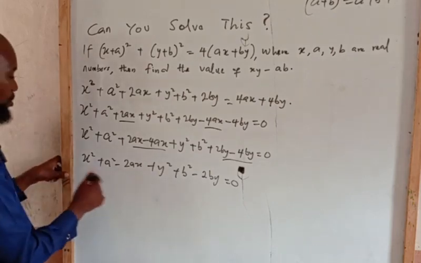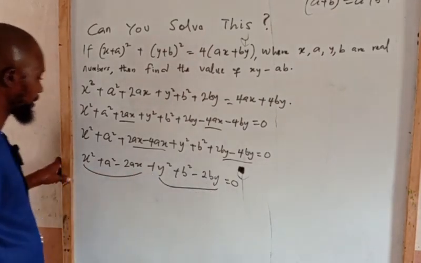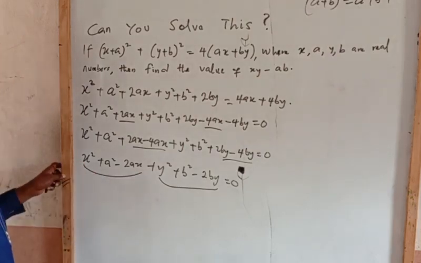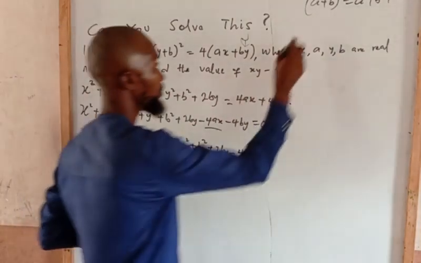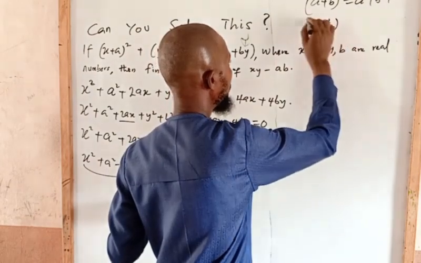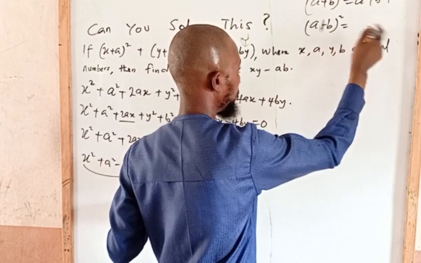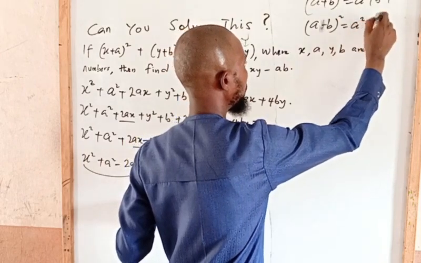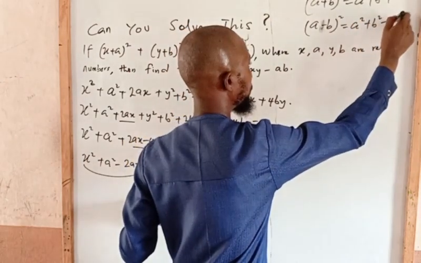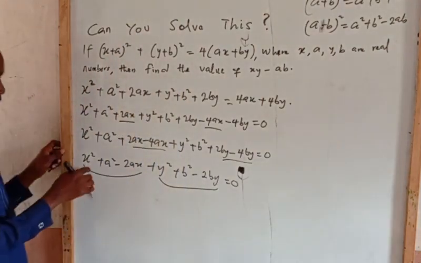Now we can see that what we have is divided into two parts, this and this. When we observe this very well, we can see it is of the form (a - b) raised to power 2, which is equivalent to a² + b² - 2ab. Let's observe what we have here.